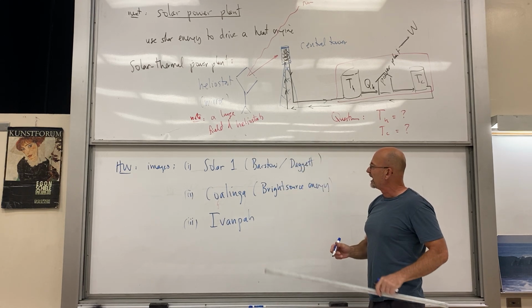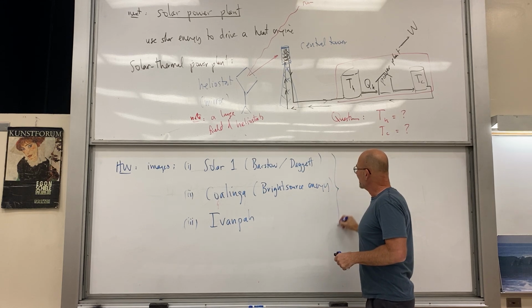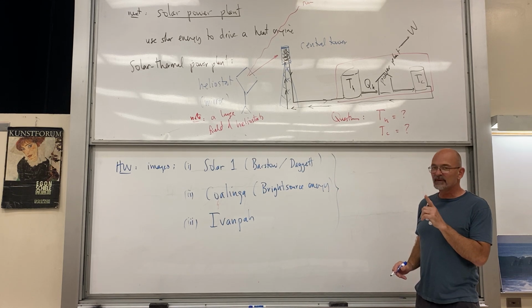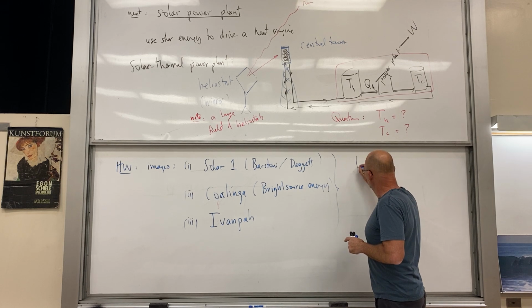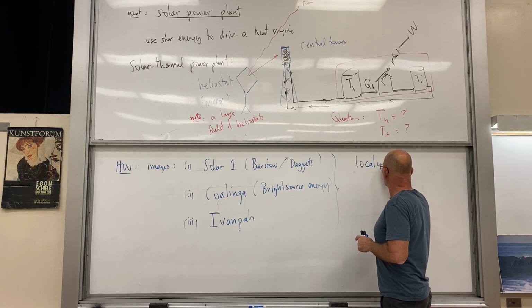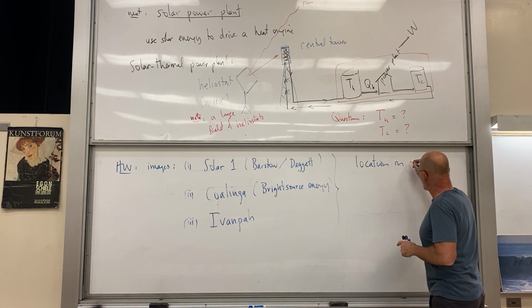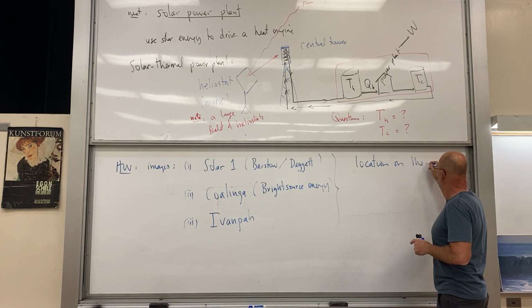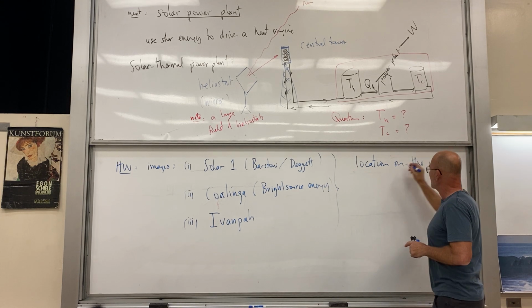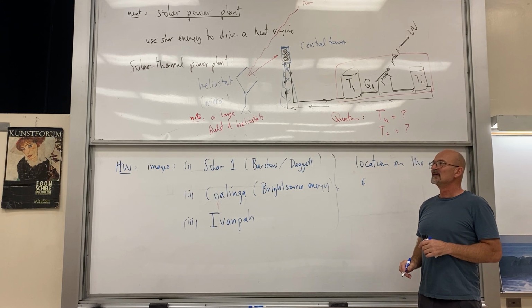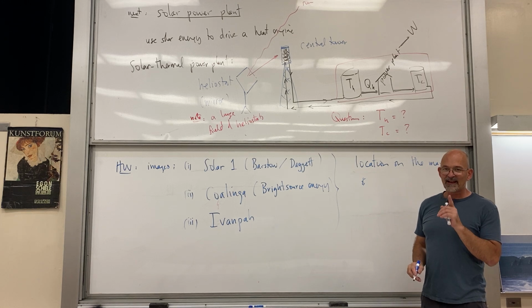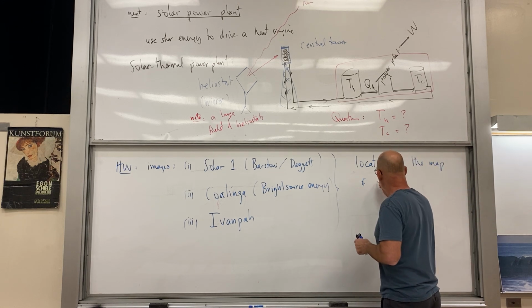So yeah, I want you to get images of these things that really make clear what we're talking about here. And in particular, I want a couple of different types of images. First of all, I want location on the map and an aerial satellite view using Google Maps.